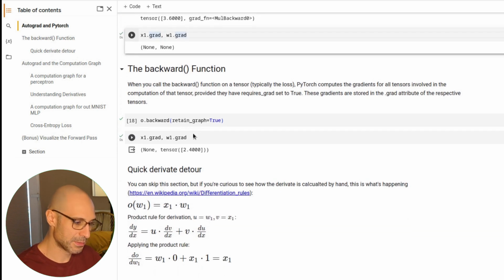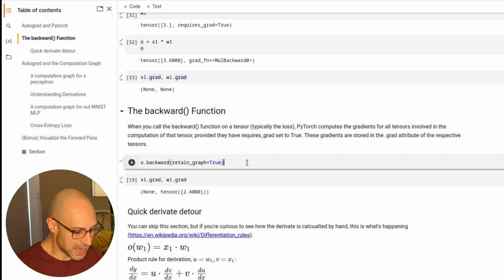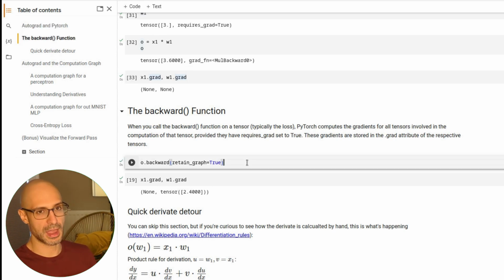This is what PyTorch helps us do via Autograd when we call the backward function. So the O variable, remember, is the outcome of this operation, and I can call backward. Here I am passing retain_graph because I want to make sure that it doesn't delete the graph.